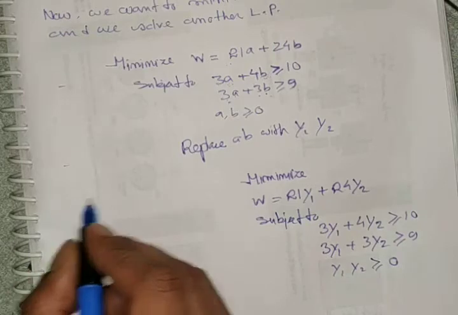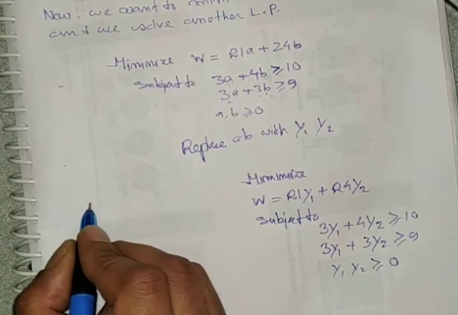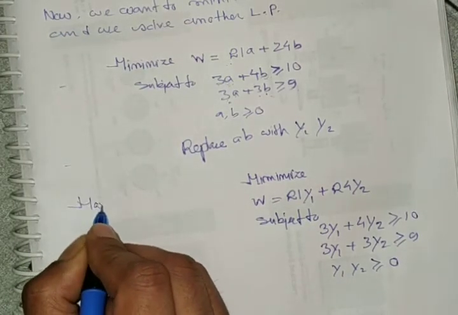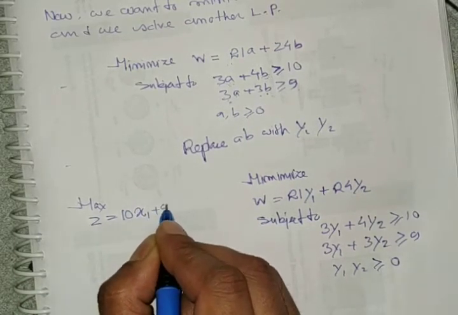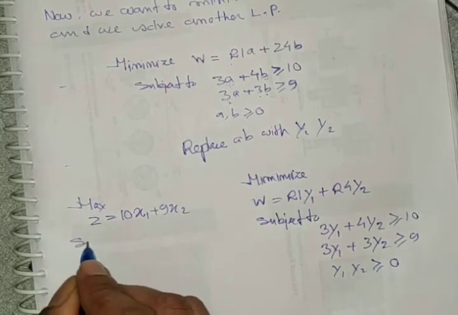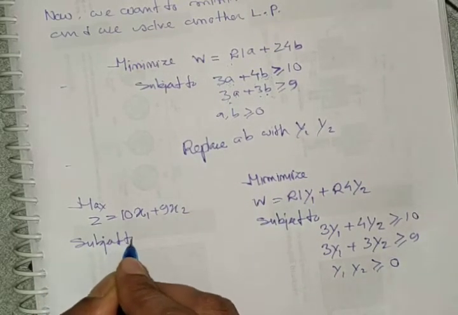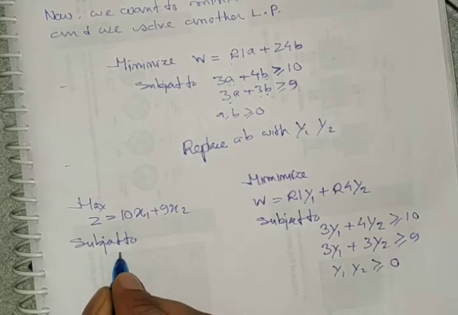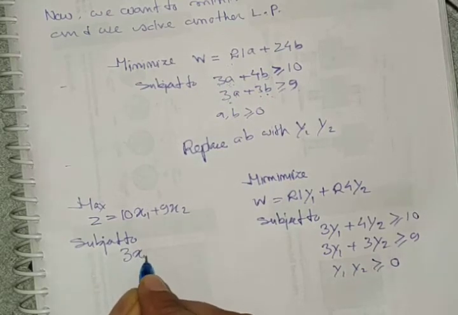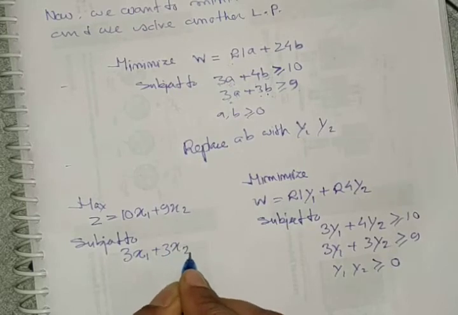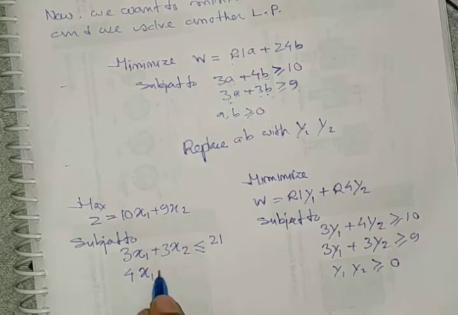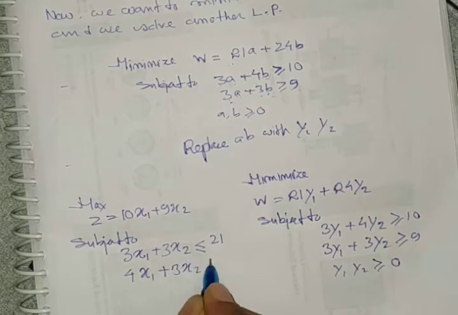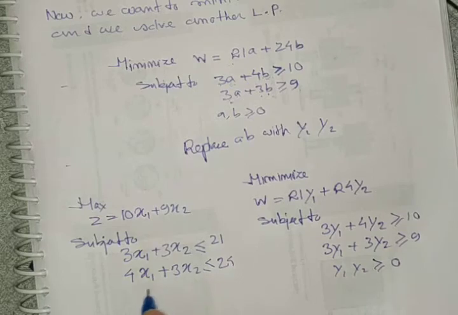Right? Similarly, if you write the original problem, which is maximize z equal to 10x1 plus 9x2 subject to 3x1 plus 3x2 less than or equal to 21, 4x1 plus 3x2 less than or equal to 24, x1, x2 greater than or equal to 0.